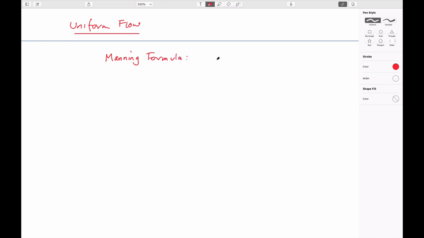And that is that the flow velocity, the average flow velocity, averaged over the cross-section, is equal to kappa divided by the Manning coefficient and multiplied by the hydraulic radius to the power 2/3 times the bed slope to the power half. So hydraulic radius is equivalent to a hydraulic diameter, which is an area divided by the perimeter.